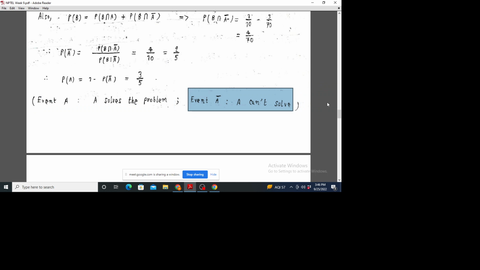These are the two events. The probability of occurrence of event A is P(A), and similarly the probability that B solves the problem is P(B). By B I have implicitly defined the event of B solving the problem.